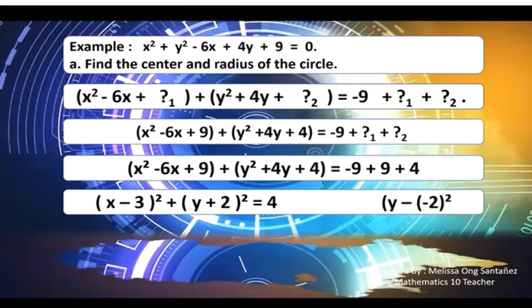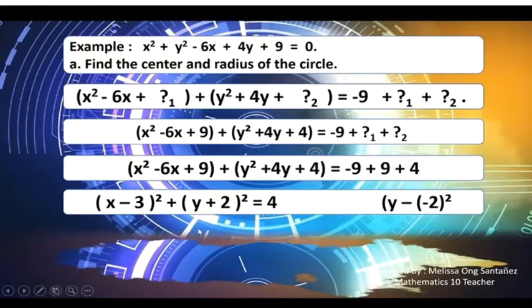So this one, we need to undo. So y plus 2 is also equal to y minus negative 2. If you are subtracting negative numbers, you are changing its sign, and your minus sign will become plus sign, so that will be y plus 2. So we will undo that one, so we will be using this later on.